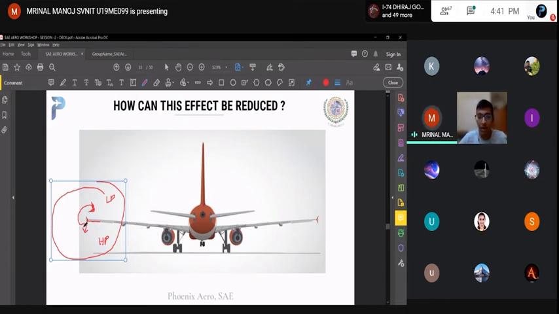At that time, one of the scientists came up with a technology called the winglet, and he tried it out. It actually increased efficiency, because whatever reduces drag increases the efficiency of the aircraft. So he was able to apply this technique, the winglet, to reduce this effect.